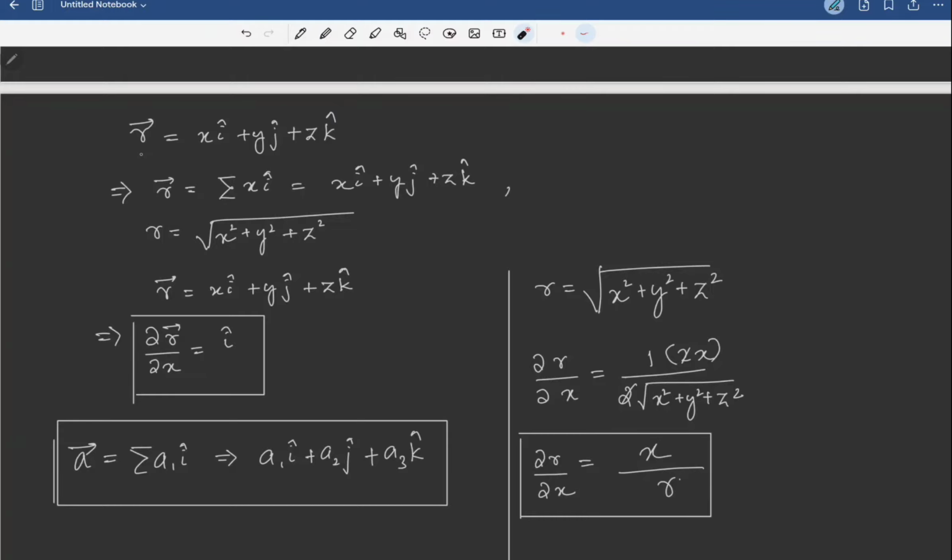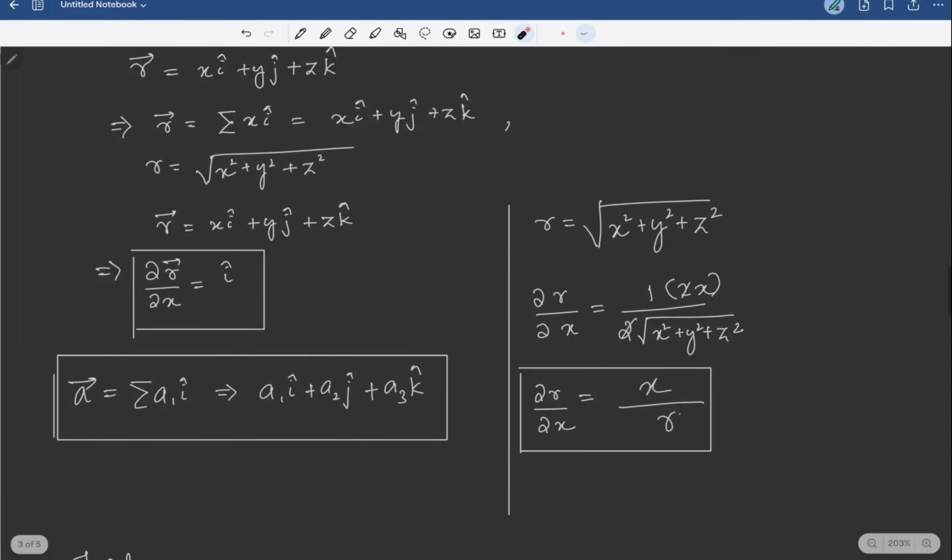When position vector r is equal to x i cap plus y j cap plus z k cap, we can also write r as summation of x i cap, so that when we expand that we get x i cap plus y j cap plus z k cap. The mod of that vector is given by square root of x square plus y square plus z square. Now when we partially differentiate it with respect to x, we get i cap.